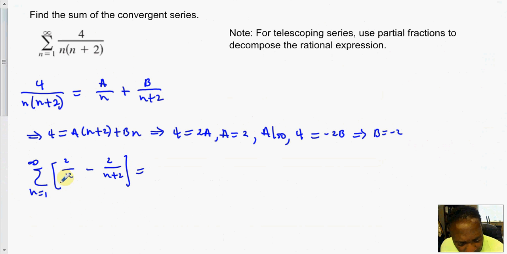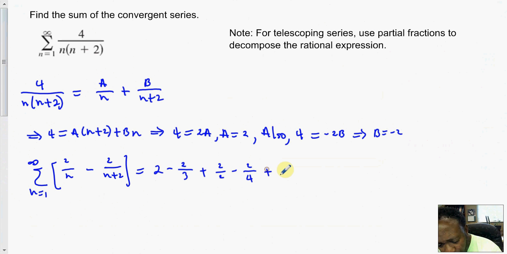We count as n goes from 1, so here this gives us 2 minus 2 over 3, plus when n is equal to 2, we get 2 over 2 minus 2 over 4. So this is n equal to 1, n equal to 2.